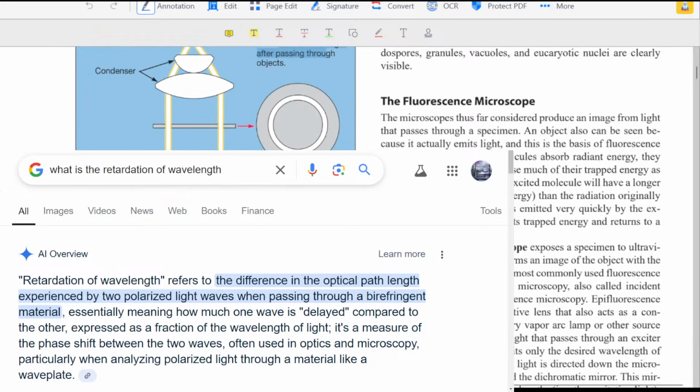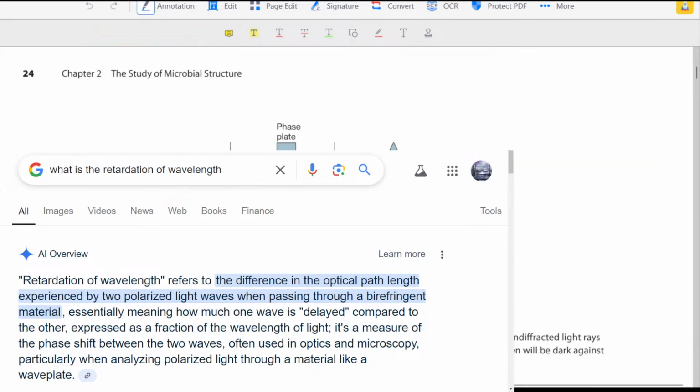When it passes through that, this one goes another 1/4 advanced, and that one goes 1/4 deviated. So in total, that one is 1/2 wavelength advanced, while this one is 1/2 out of phase, or retarded.